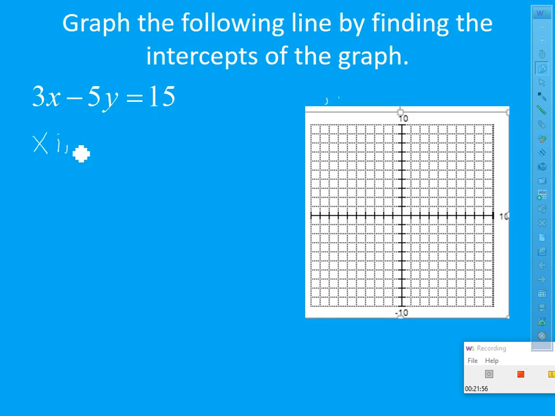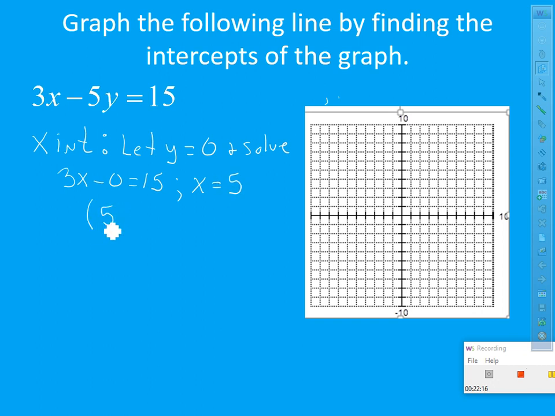If I would like to find the x-intercept, let y equal 0 and solve. So if I let y be 0, I'm going to have 3x minus 0 is 15, meaning my x value is going to be 5. So I have one ordered pair of 5, 0.